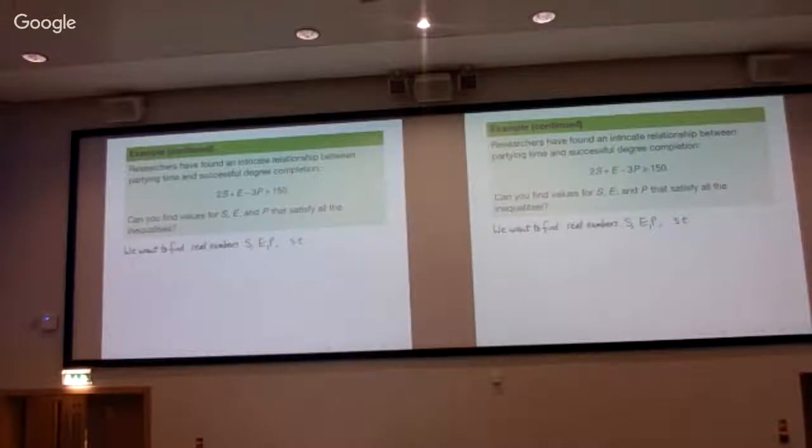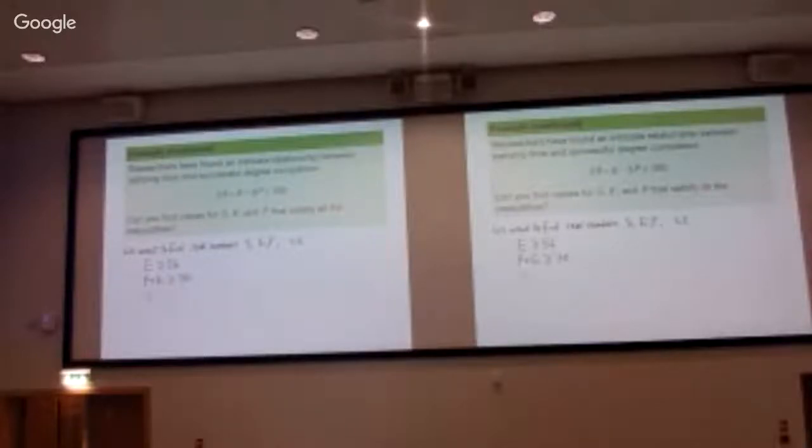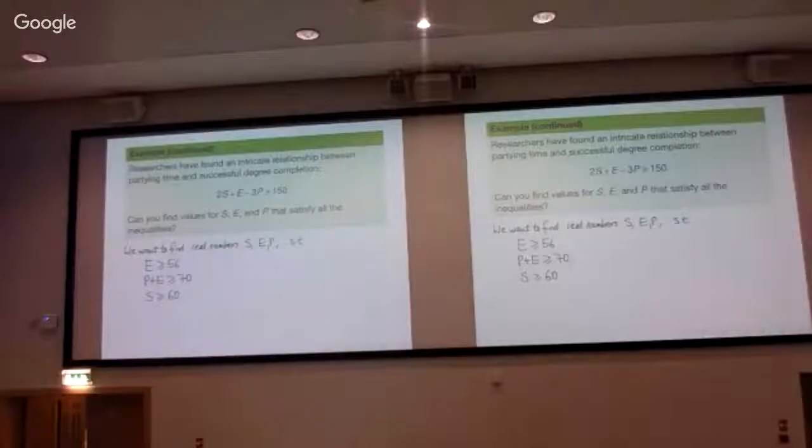Okay, so the first constraint was E is greater than or equal to 56. Then we had P plus E is greater than or equal to 70. Then we had S is greater than or equal to 60. And we had 2S plus E minus 3P is greater than or equal to 150.